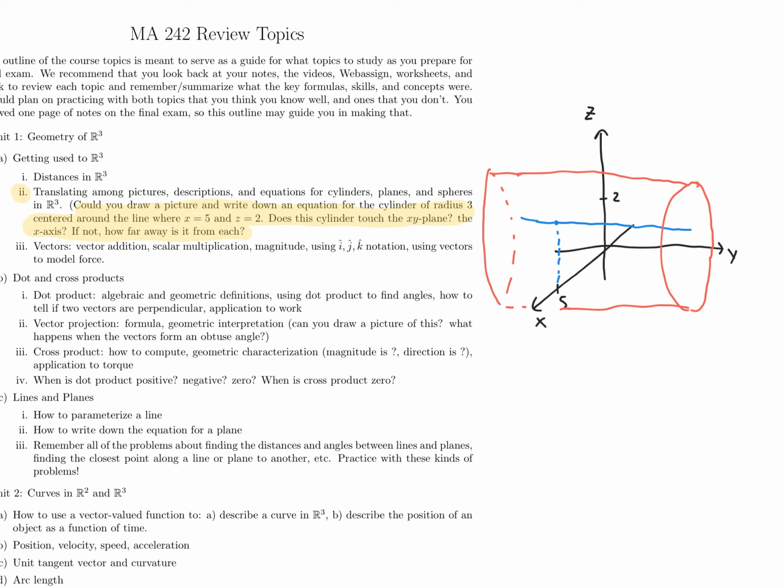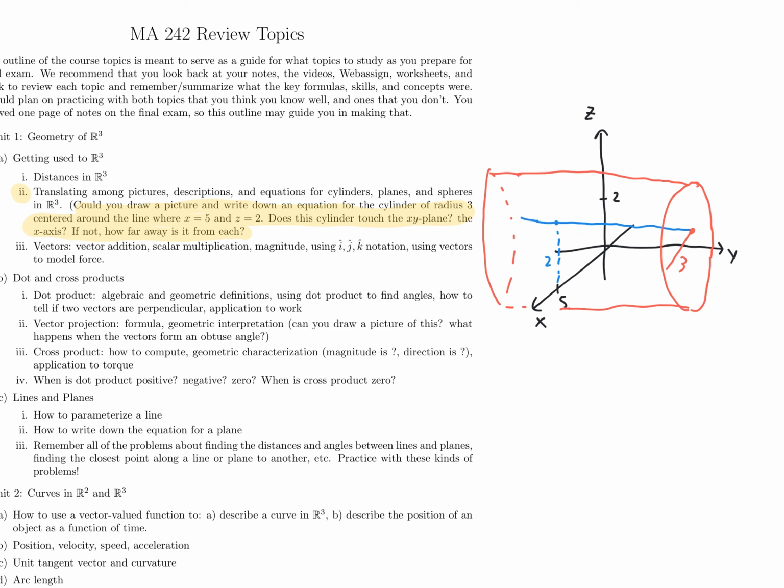I knew that because it's centered along the line where z equals 2 and x equals 5. And since the radius of the cylinder is 3, which is bigger than that, that means it must dip below the xy plane.